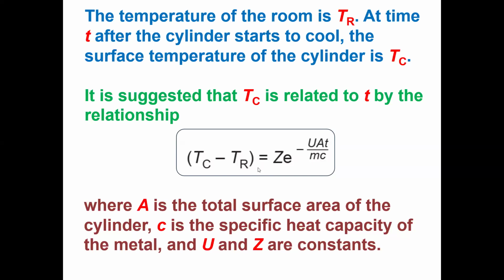So now the story comes in. He is going to heat up the cylinder and for some time then he will leave the cylinder, so the cylinder will start to cool. The surface temperature of the cylinder is TC. It is suggested that TC is related to t by this relation, where capital A is the total surface area of the cylinder, and C is the specific heat capacity of the metal.